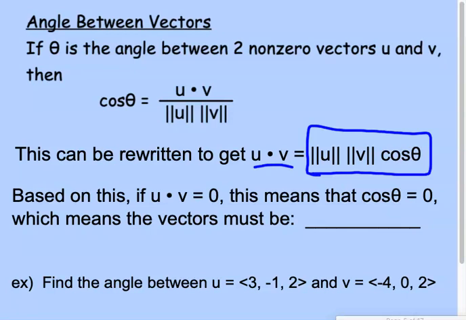Based on this, if the dot product is 0, and these are two non-zero vectors, then the magnitudes aren't 0 because the vectors have a length. So the magnitudes have to be non-zero, which means the cosine of the angle between them has to be 0. What angle has a cosine of 0?